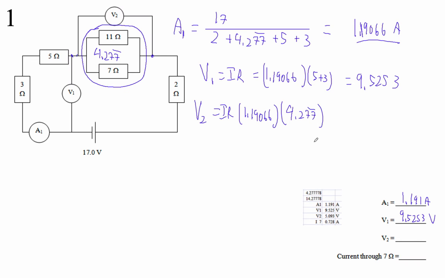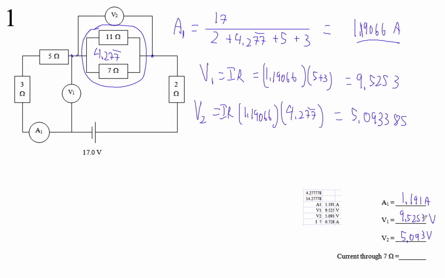So now I'm going to find that number, the 1.19, and go times the 4.2777 number. And that is 5.093385. So this is 5.093.